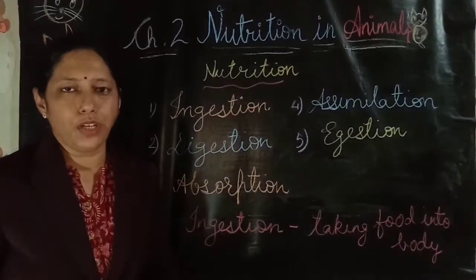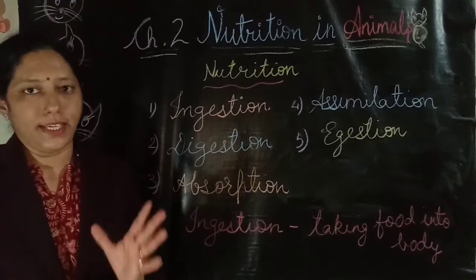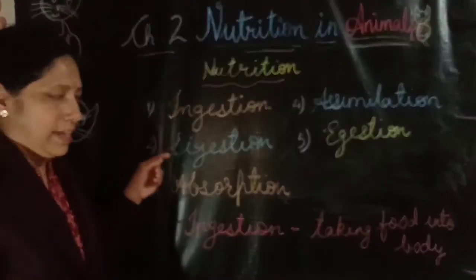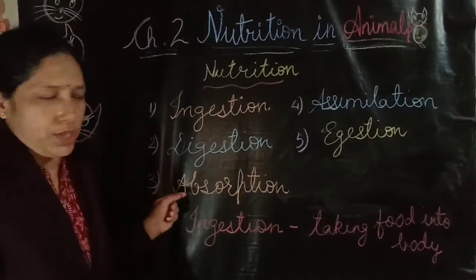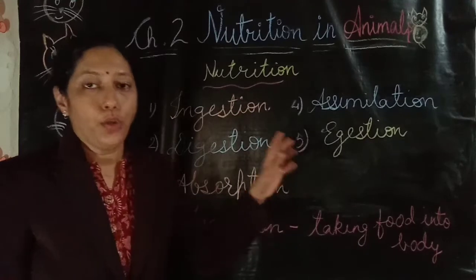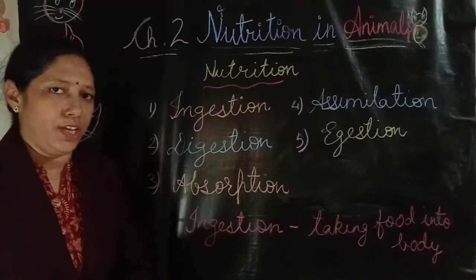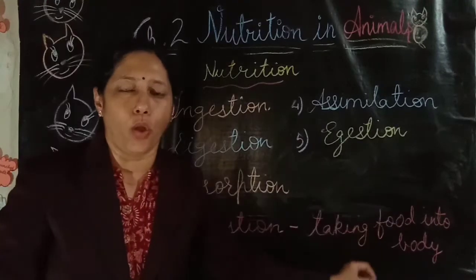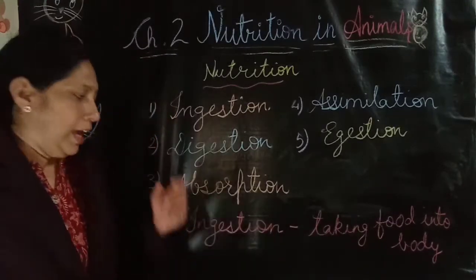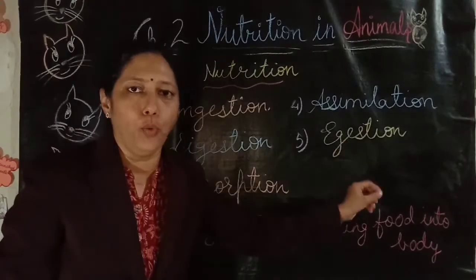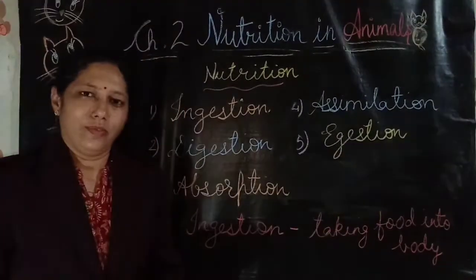To get nutrition from food, five processes are involved. These processes are ingestion, digestion, absorption, assimilation and egestion. Today we learned about ingestion. Ingestion means the process of taking food into the body. I repeat, ingestion is the process of taking food into the body.